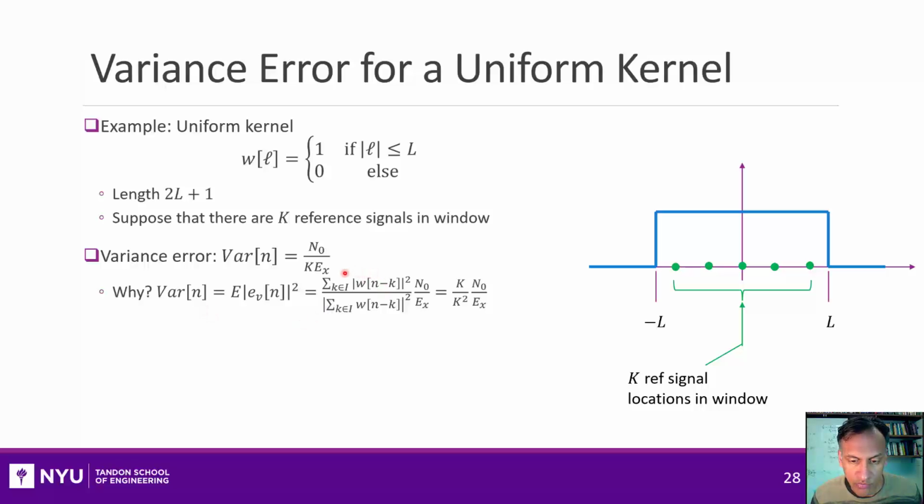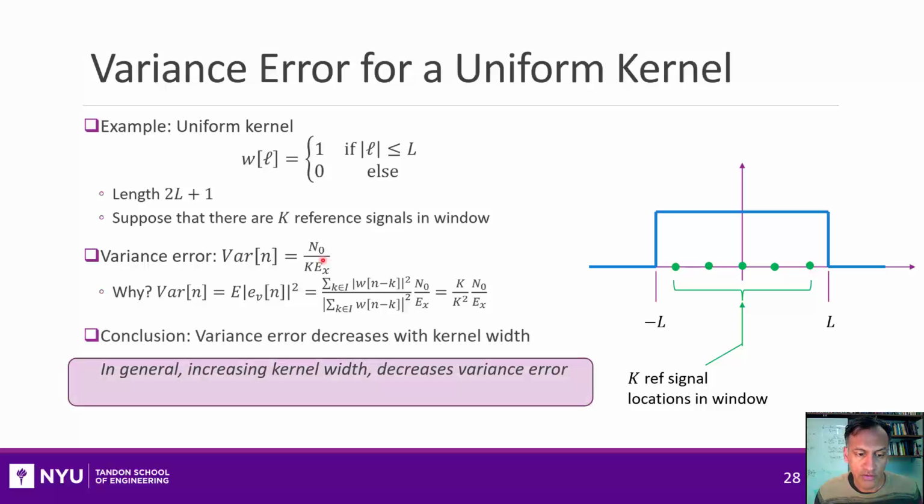We apply that expression, so it'll be a sum of the w of n minus k's here squared, but there will be exactly k of them, and each one will be 1, so the numerator will be k. And the denominator, you'll also get k, but you square it, so you get a k squared. And the k and k squared cancel out, and you get N0 divided by Ex divided by k.